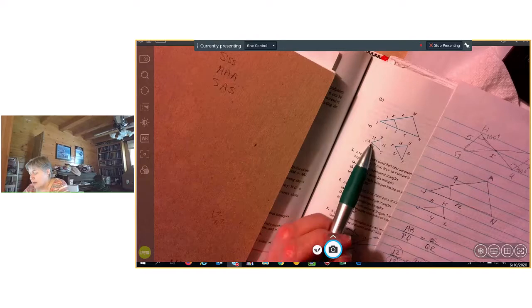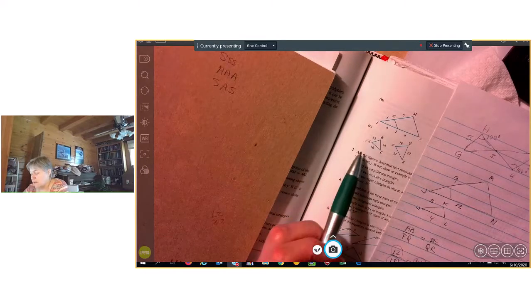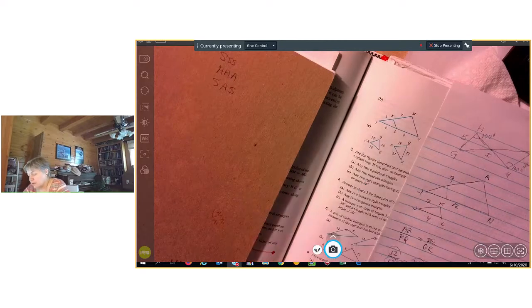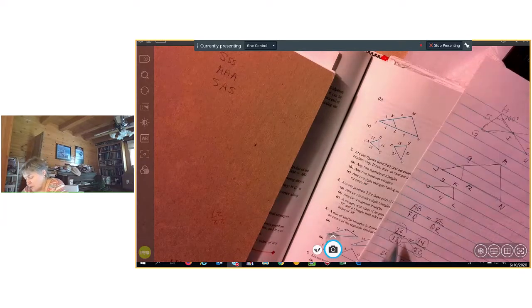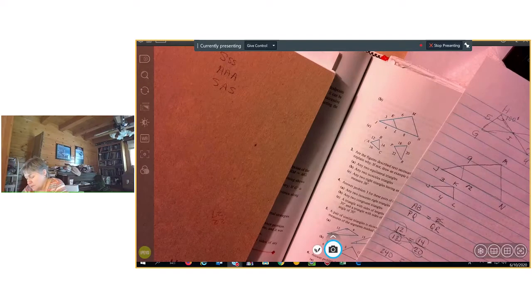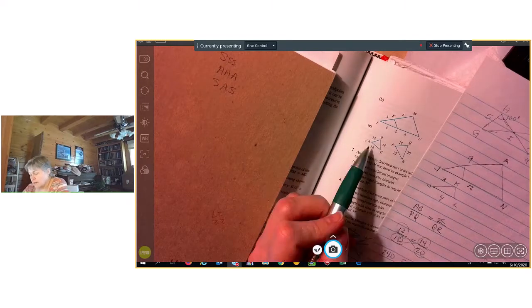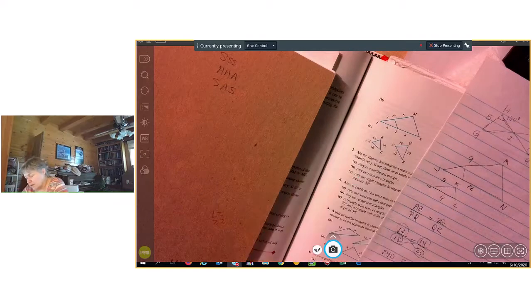Let's say that AB and PQ are still in proportion, and let's say that AC and PR, just to double check. So AB and PQ would be 12 over 18, and that's going to equal AC over PR, which is going to be 16 over 22. So when I multiply these, what am I getting?